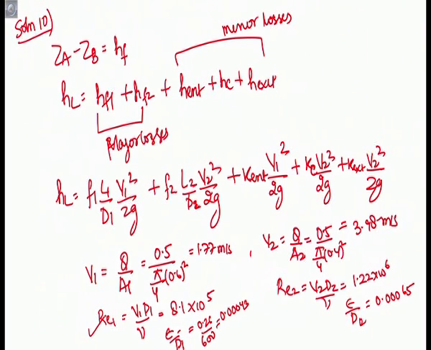So, we know Re1, here we know epsilon by D1, here we know Re2, here we know epsilon by D2. So, we can actually use the Haaland equation or the Moody chart and find out f1. If you look at the Moody chart or use the Haaland equation, f1 will come to 0.017. And this f2 is going to come to be 0.018.